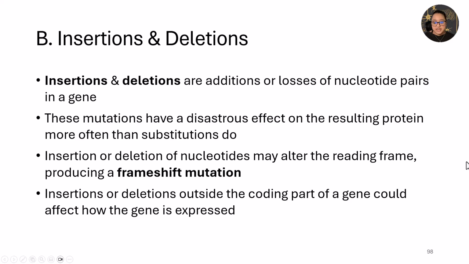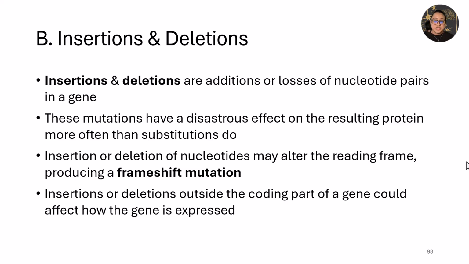And then the other kind of mutation that can happen are insertions and deletions. These are additions or losses of nucleotide pairs in a gene, respectively. Insertions, there's an additional nucleotide pair, and deletions are the loss of a nucleotide pair. These can have disastrous effects on the resulting protein more often than substitutions do, because this messes up everything.